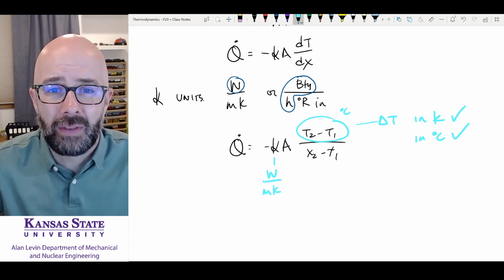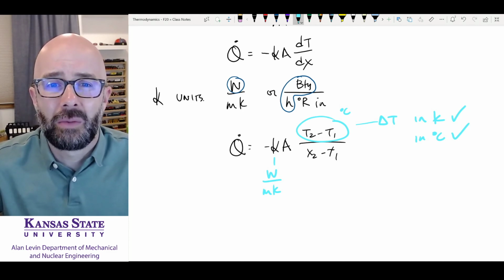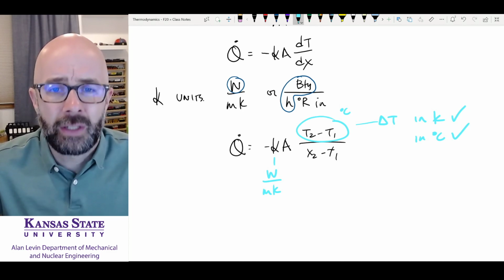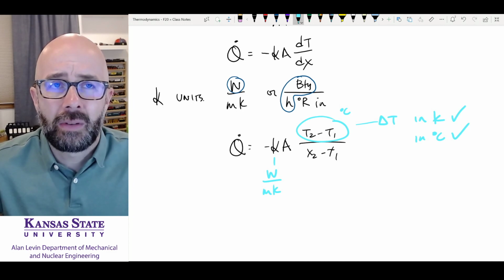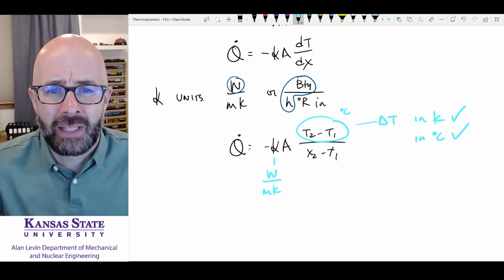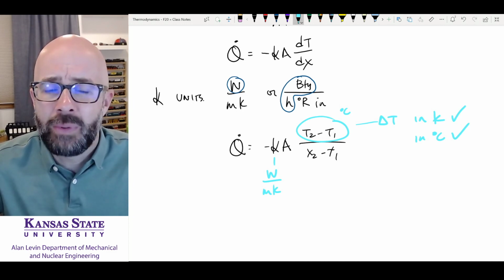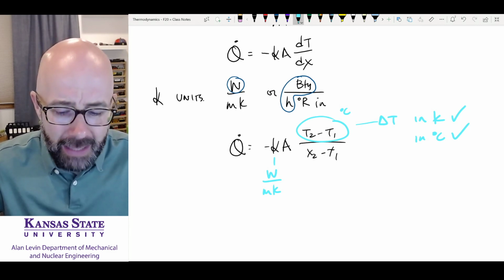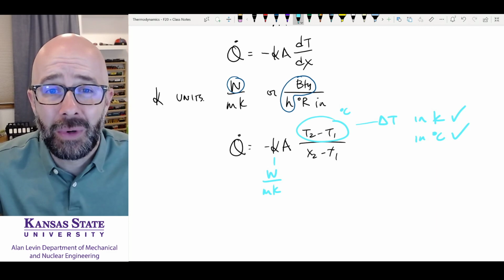So if you are worried about whether to convert or not, always convert. I can't tell you 100%, but most of the time that will keep you out of trouble, though it does take some more time.